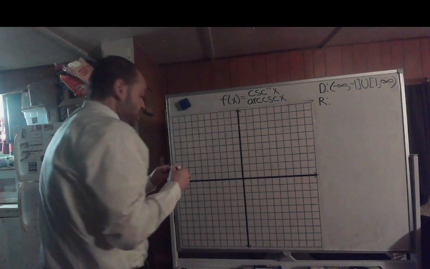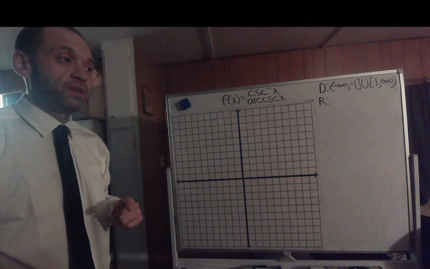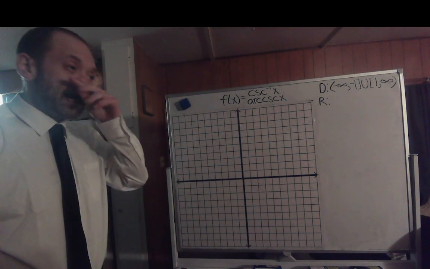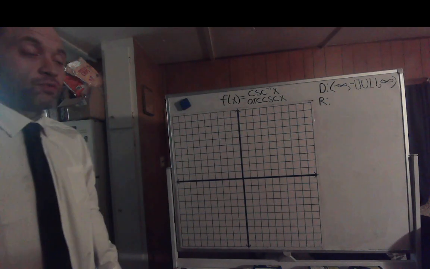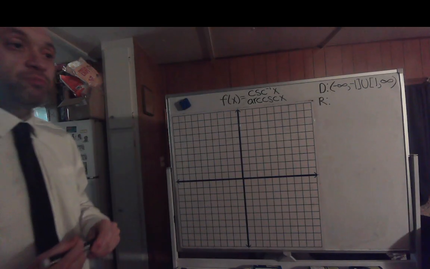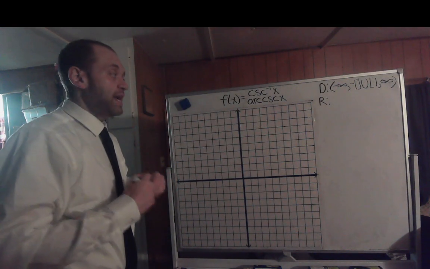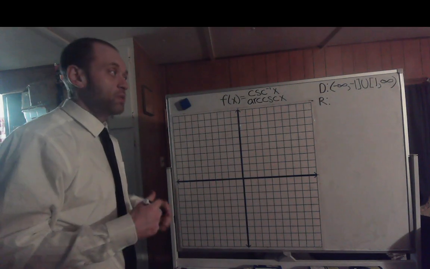Now this is where it gets a little hairy. What's your range? So yes, the cosecant is the inverse of the sine function. And you're still going to deal with the range being from -pi/2 to pi/2. But if we look at 0, which is in between, if you take the cosecant of 0, it's undefined.